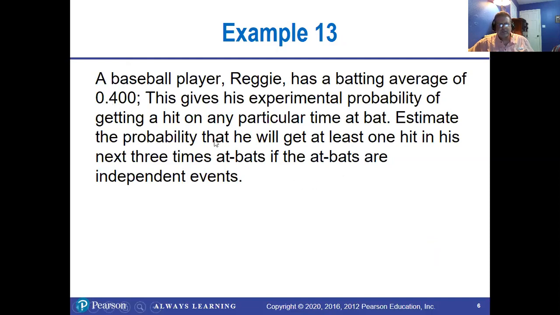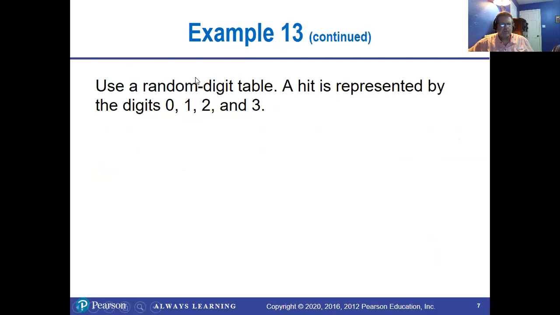Estimate the probability that he will get at least one hit in the next 3 times at bat, if the at bats are independent events. In other words, each number is going to be an individual at bat. Use a random table. A hit is represented by the digits 0, 1, 2, 3. Now, why is that?